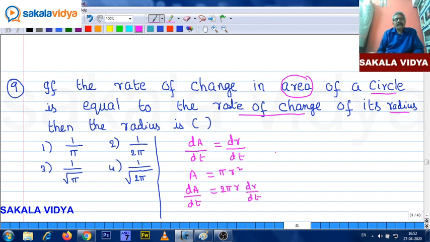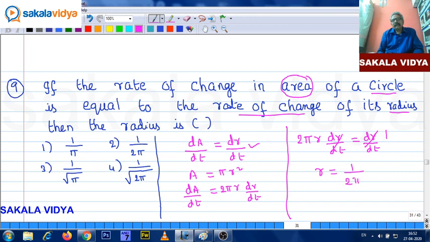So, now dA by dt is equal to, replace this value, 2 pi r dr by dt equal to dr by dt. So, dr by dt gets cancelled, 1 we have, r is equal to 1 by 2 pi. So, second option is the right option.